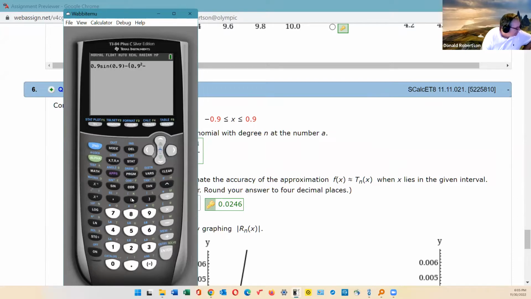Subtract 1/6 of 0.9 to the power of 4. I should be able to do it like this, and I'm expecting a reasonably accurate answer. And that is pretty accurate. It's 0.00434.